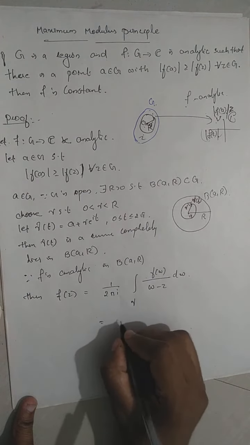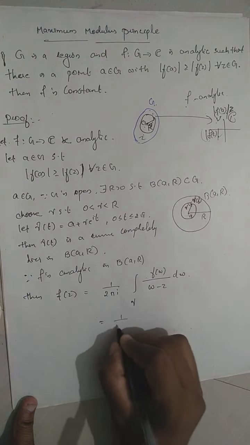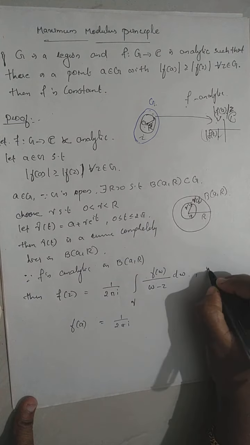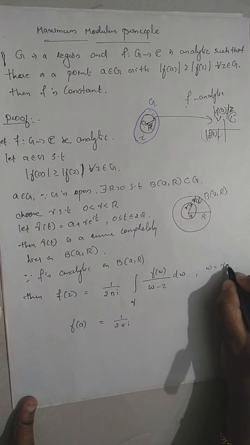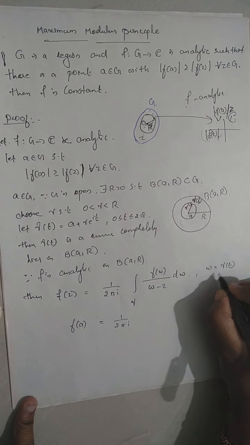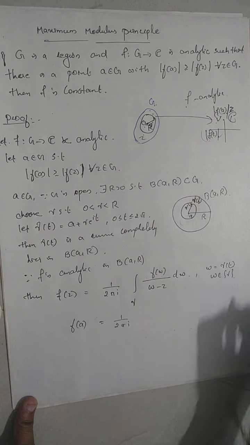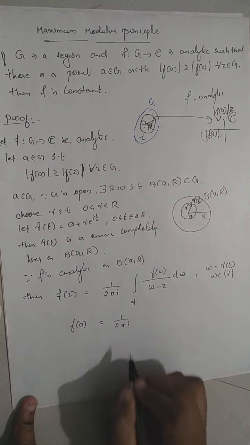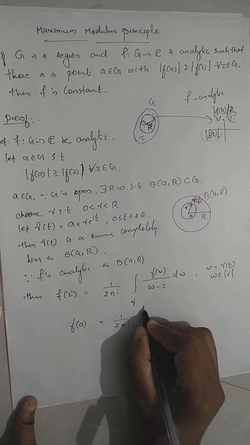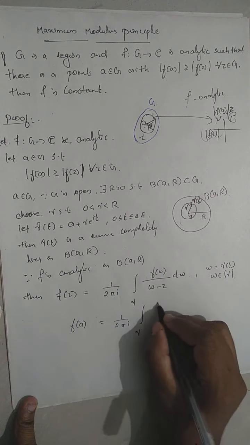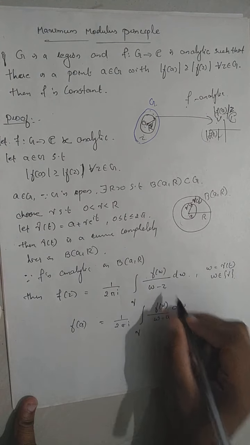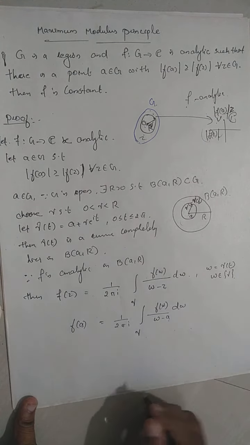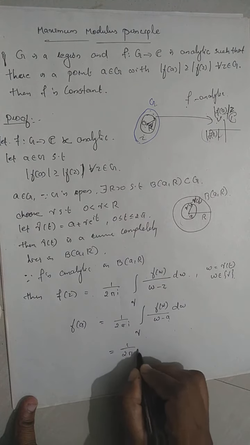So this is equal to 1 by 2 pi i times, when this is f of z, what is f of a, and what is w here, where w is a point in this region, or w can be considered some gamma of t, that is, w is an element in the trace of gamma. So 1 by 2 pi i times the integral over gamma of f of a, where instead of z we have to write a, divided by w minus a, dw. z will be changed into a. So that is equal to 1 by 2 pi i times the integral.